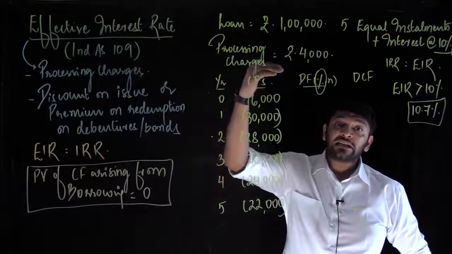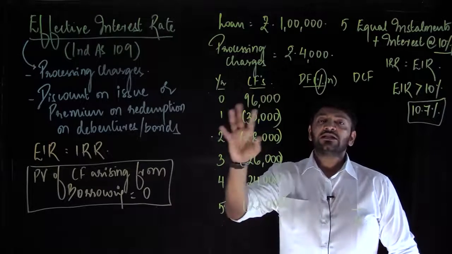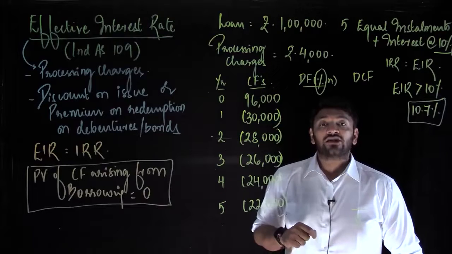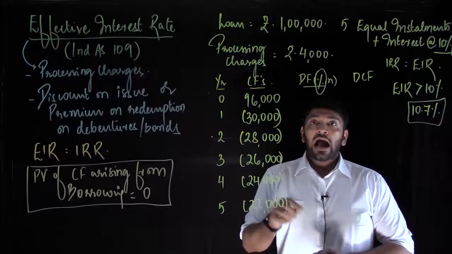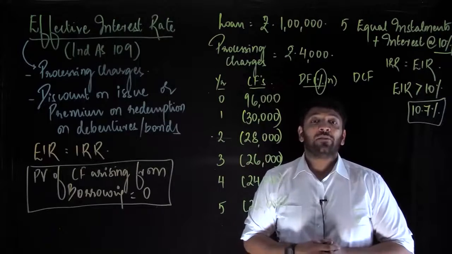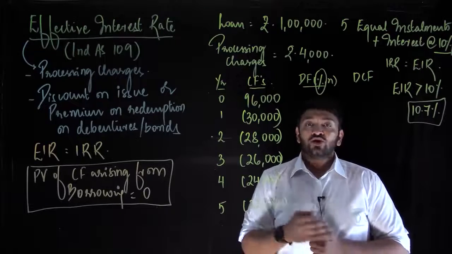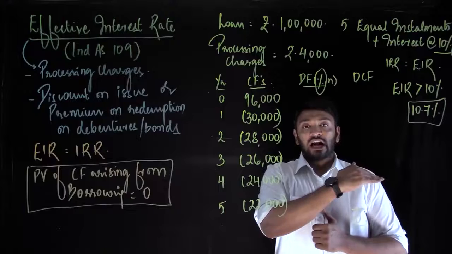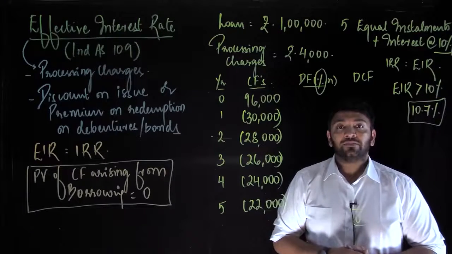We are considering it as an expense over the period of the borrowing being repaid. So this is the primary understanding of why we apply this rate called the effective interest rate. Had this concept not been there, then this processing charge would have been amortized to P&L or sometimes directly charged to P&L. So to harmonize the charge to P&L, we are trying to identify something called the effective interest rate. Clear?